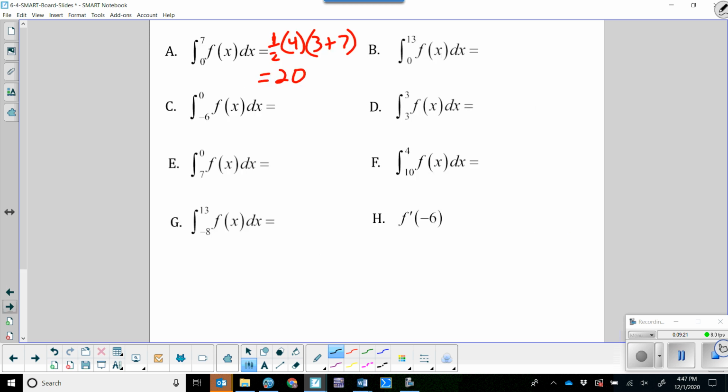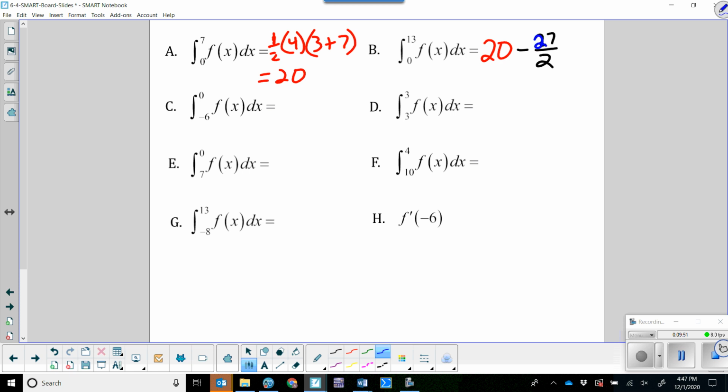So if we're going to find the integral from 0 to 13 of f of x dx, we're going to need the 20 that we found plus the 27/2 we just found, or 13.5, only we have to remember we can't add it, right? Because it's actually negative. So we have to subtract it because that part was underneath. And actually, let me use blue.